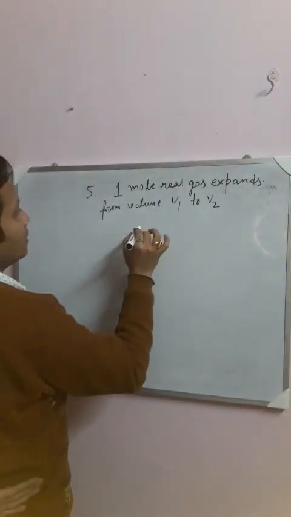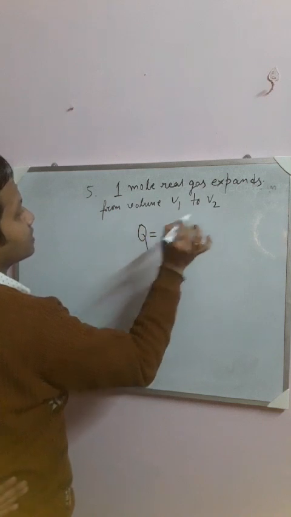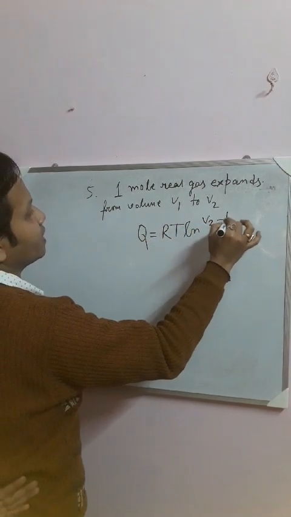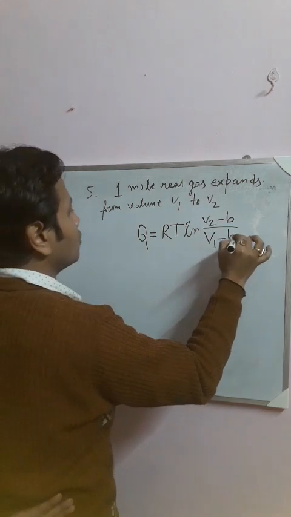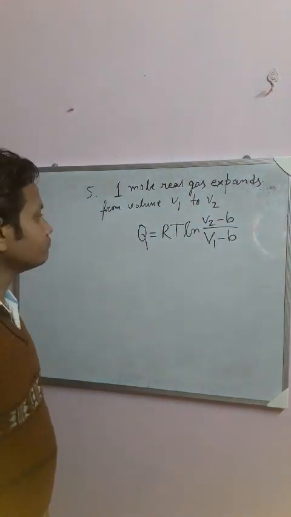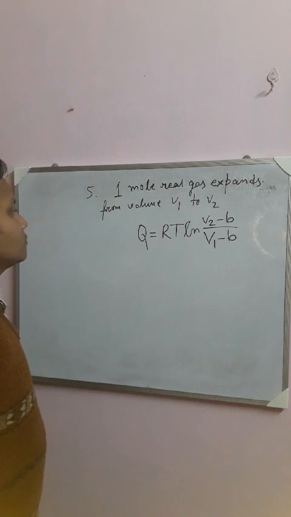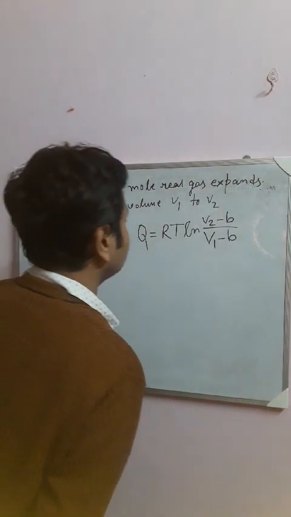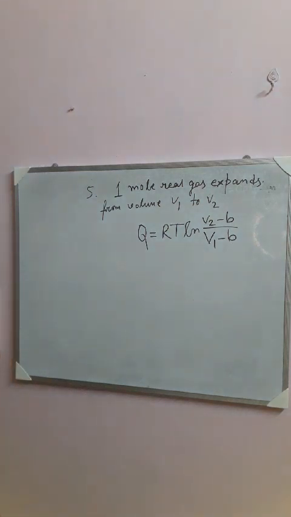We have to show that the heat transfer during this expansion can be written as Q equals RT into ln of (V2 minus b) by (V1 minus b).